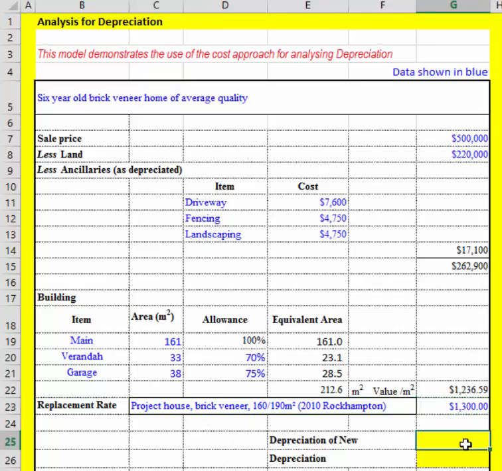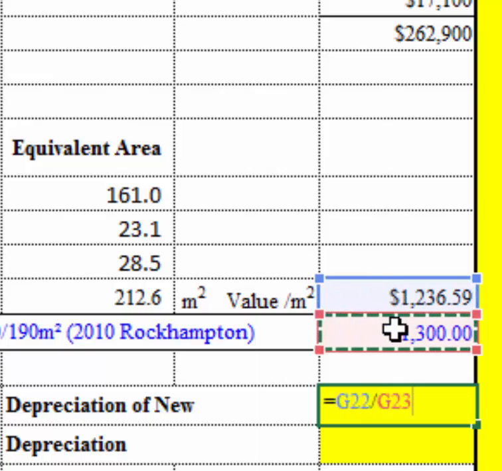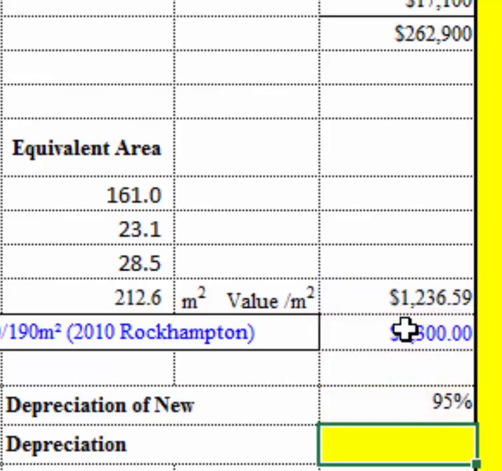So what I can do is very simply work out what fraction of new value is the building. So I do that by simply dividing the value per square metre that I've worked out by the construction cost new, and that says that the building, through my analysis, is 95% of the value of a new building.